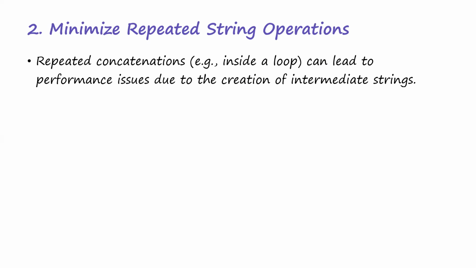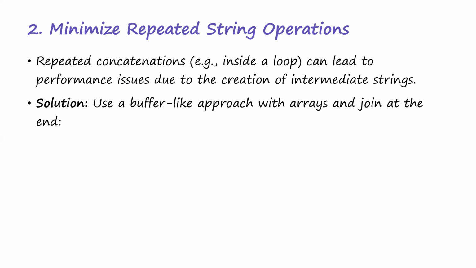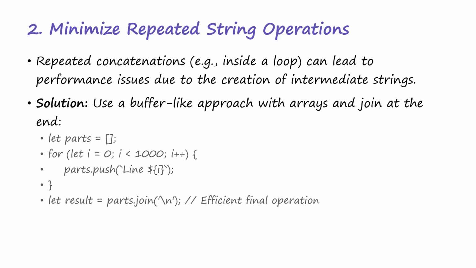Remember, when you're working with repeated string operations, especially in loops, they can cause performance issues because a new string is created anytime you concatenate. So understand that strings are immutable. What is the solution? Use a buffer-like approach with arrays and join at the end. So when you're working with loops and doing repeated string operations, you should use array.join.